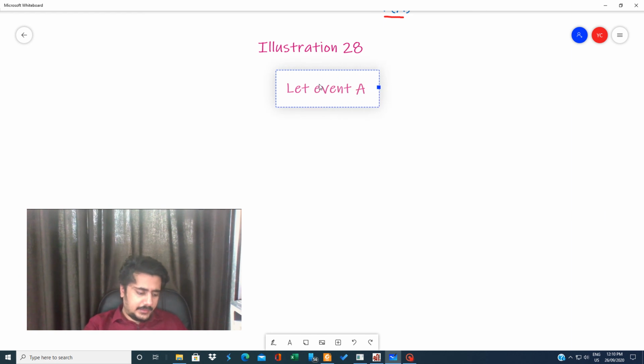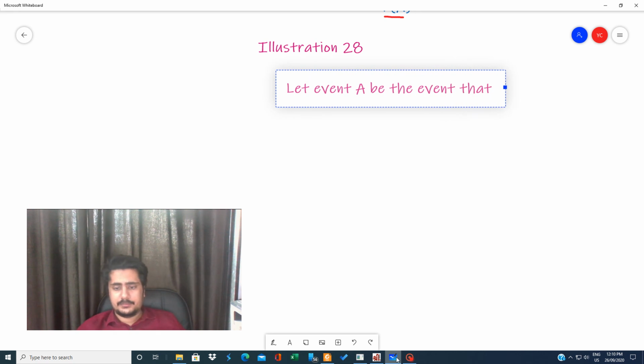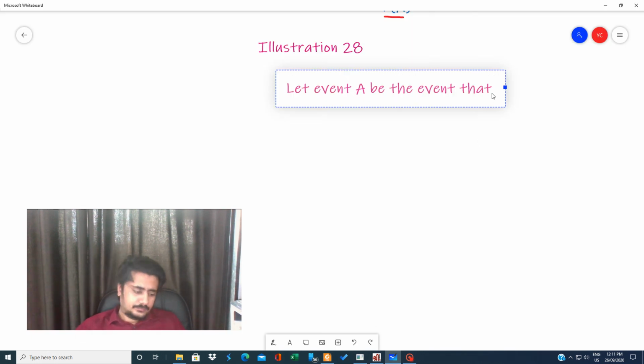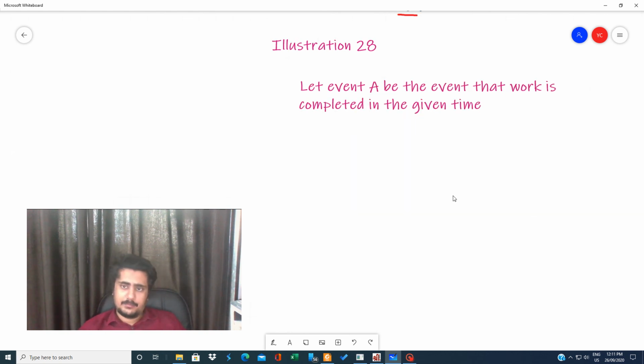So let event A be the event that work is completed in the given time. So P of A is 0.75.